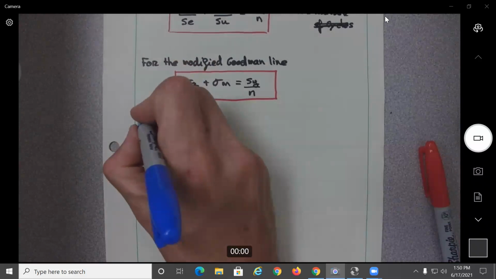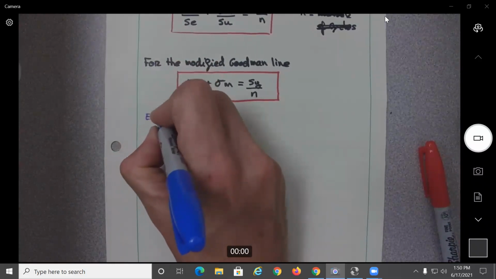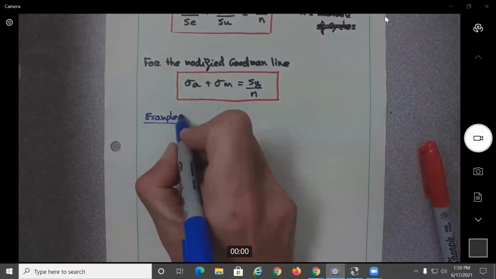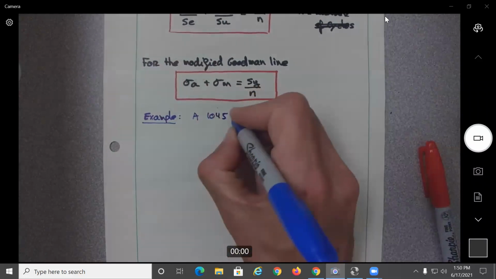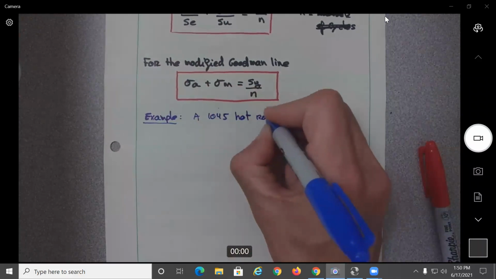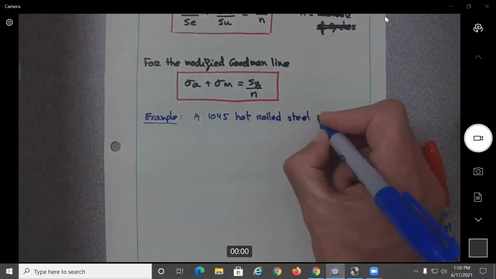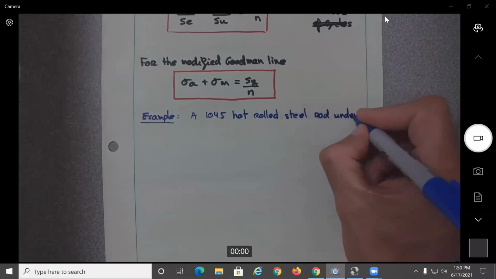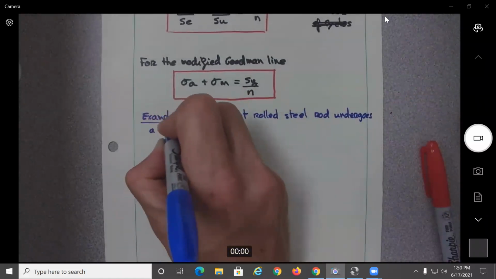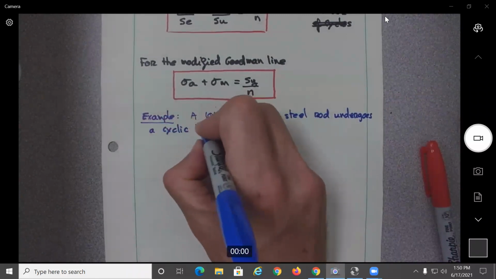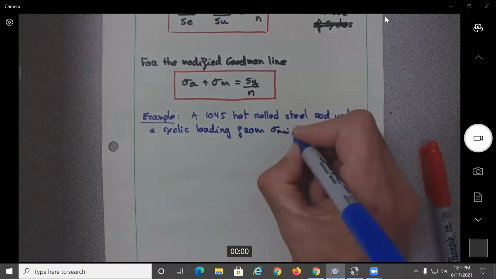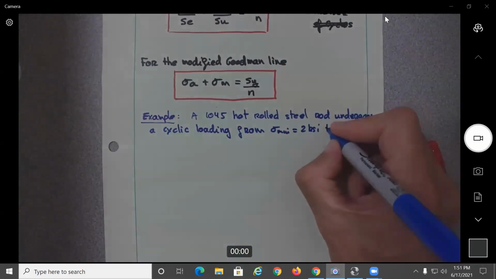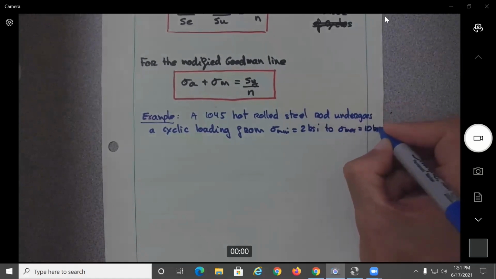Okay, so let's do an example over here. A 1045 hot roll steel rod undergoes a cyclic loading from a minimum value of 2 KSI to a maximum value of 10 KSI.